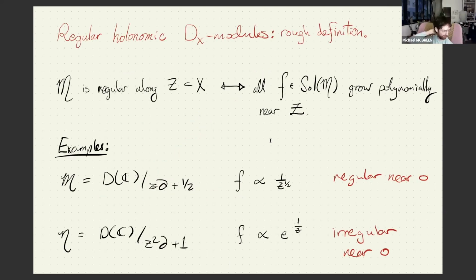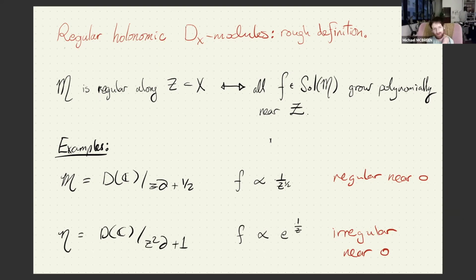So the rough definition is, you're regular along some subvariety if your solutions have polynomial growth near that subvariety. So for example, if M is a D module on C, with defining relation z d/dz plus 1/2 equals 0, then your solution near 0 is 1 over z to the 1/2, so that is polynomial growth.